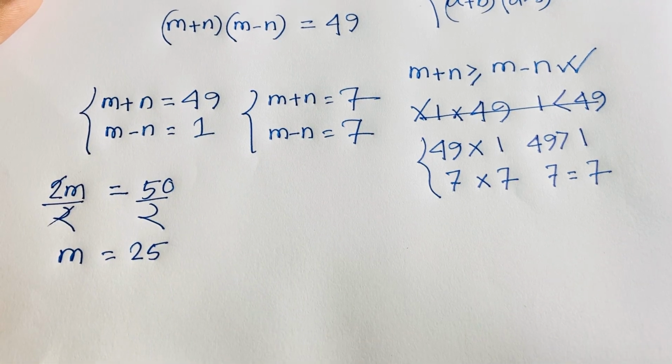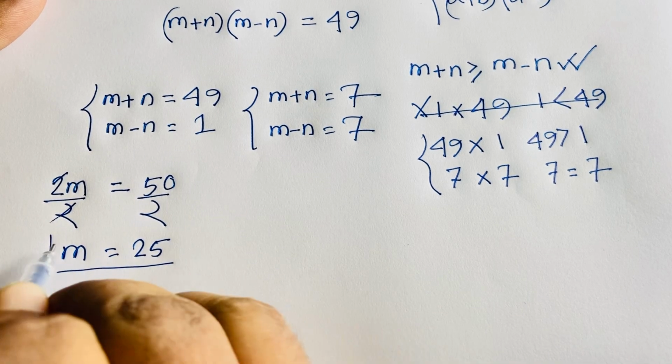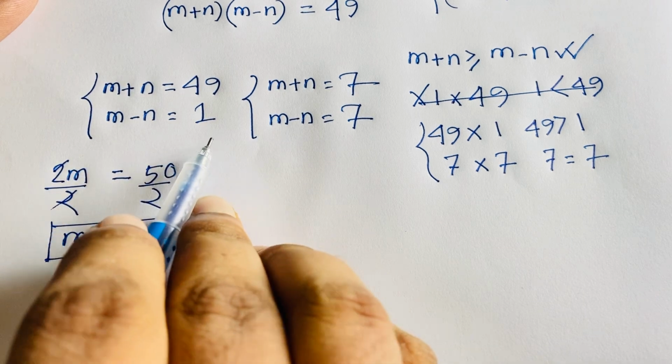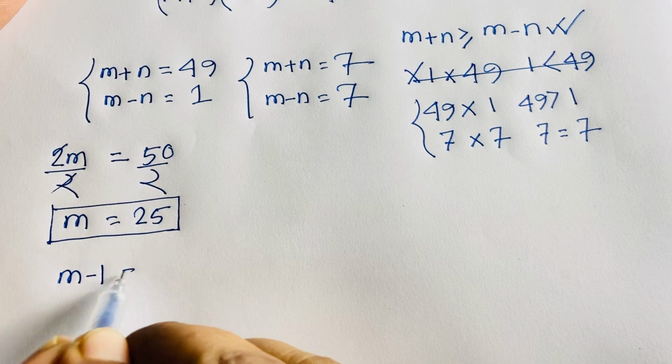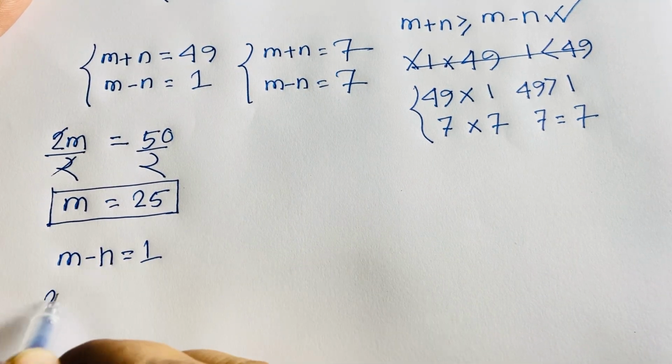So from the other equation, m minus n is equal to 1, where m is equal to 25.